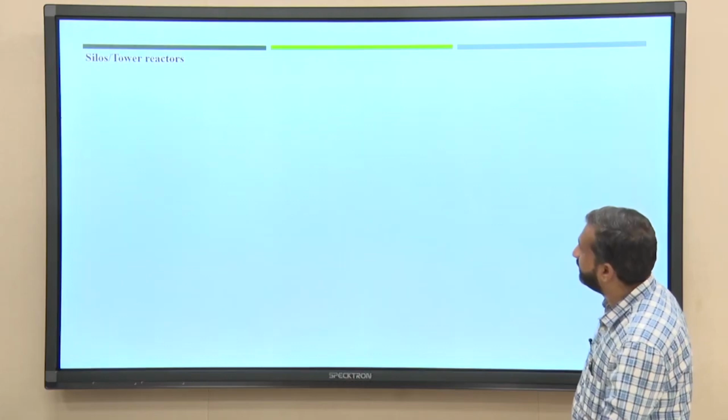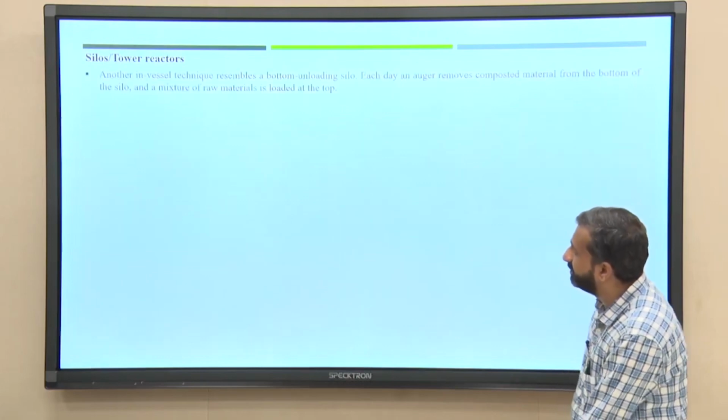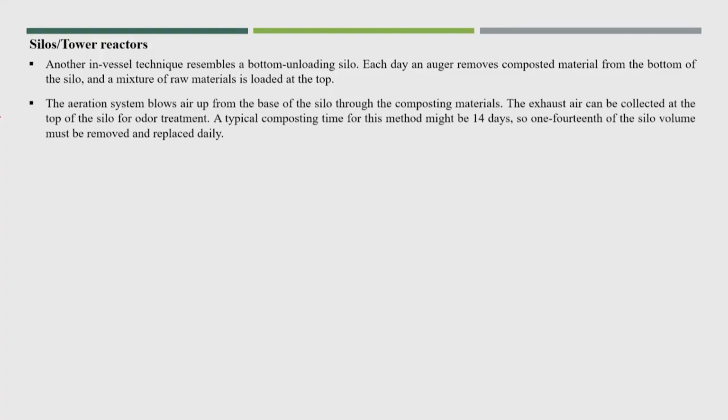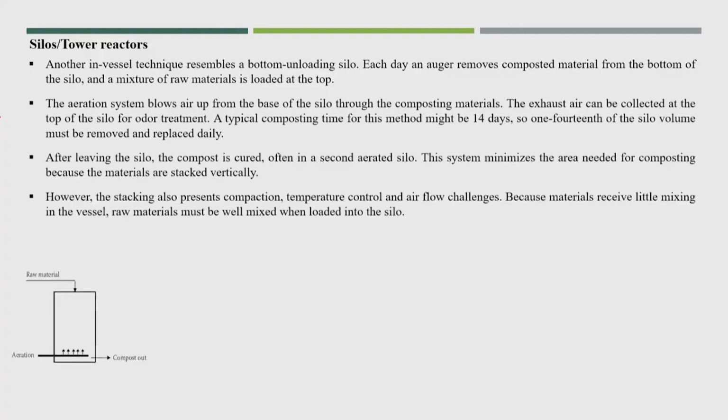Now, this is another one, like a silo or tower reactor. Here you can see by photograph, this will be a vertical tower, and from the bottom the aeration will be available, and the raw material is fed from the top.